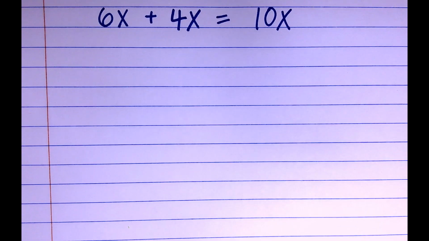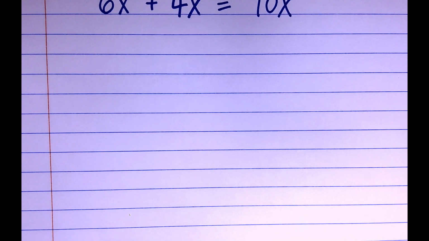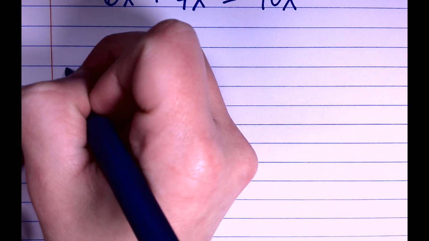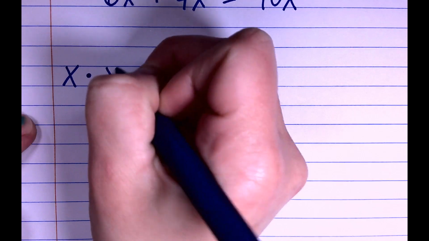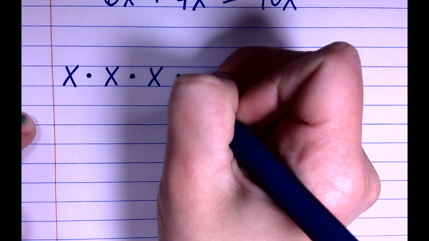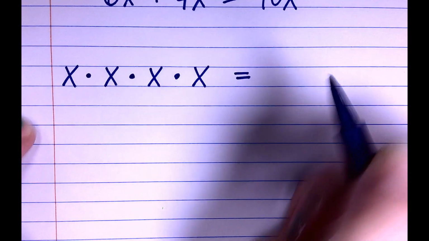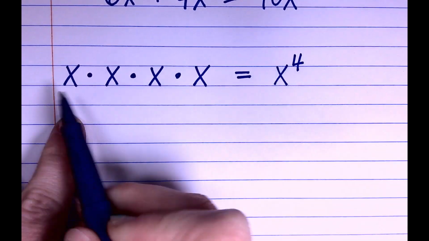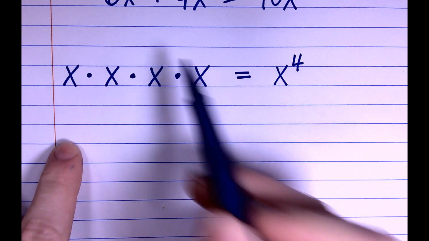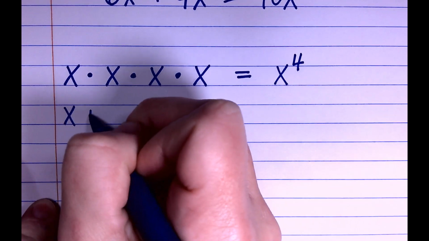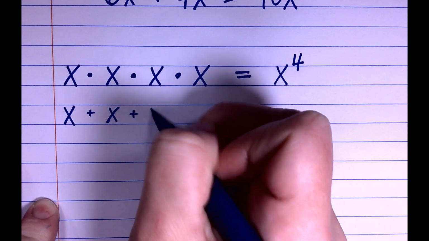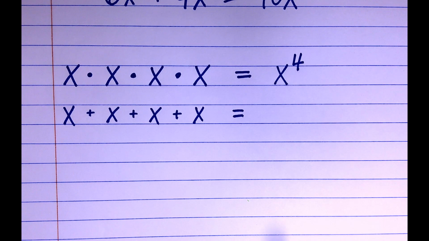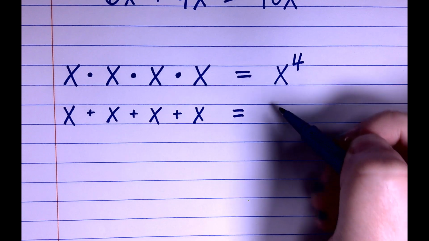So let's maybe do a little exercise here. X times X times X times X. What is this equal to? X to the fourth power, because I'm multiplying X 4 times. X plus X plus X plus X. What does that equal? 4x.